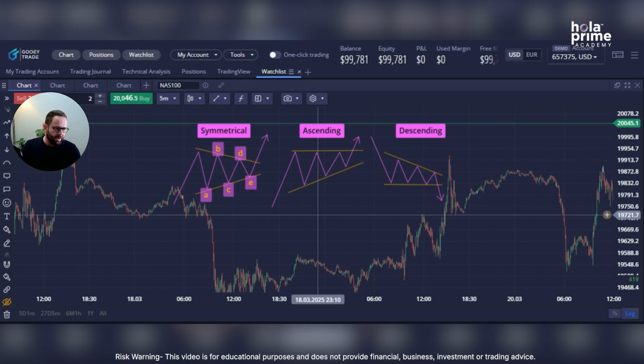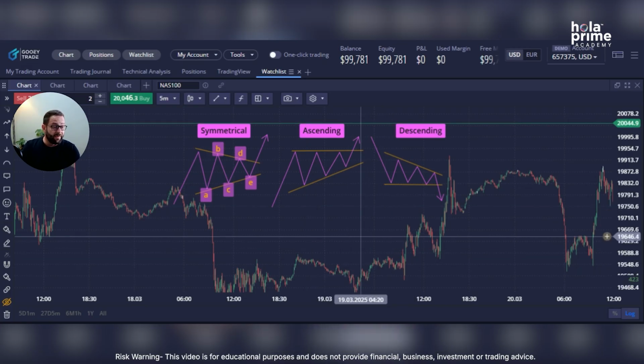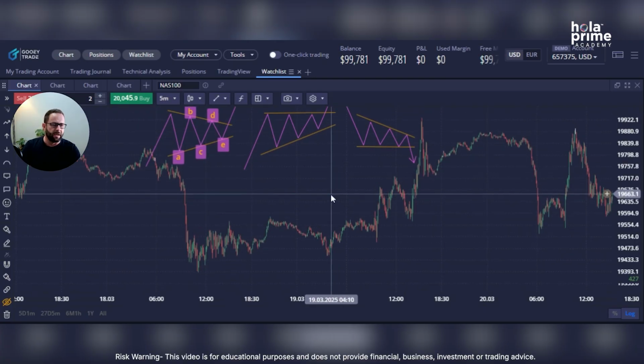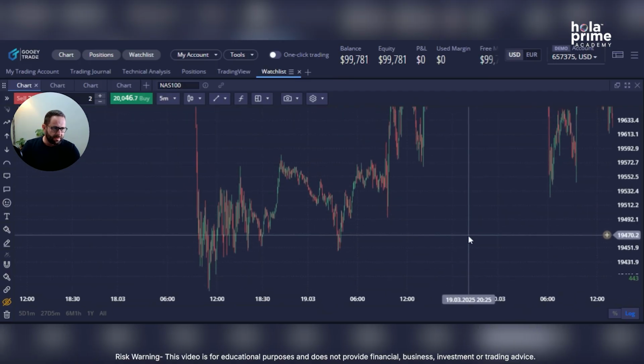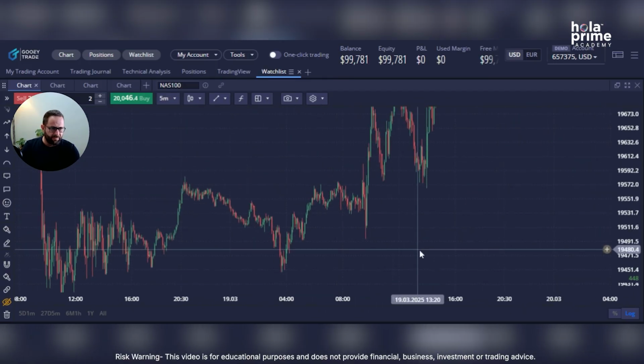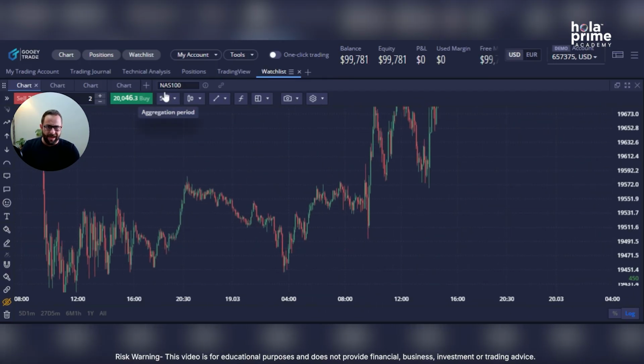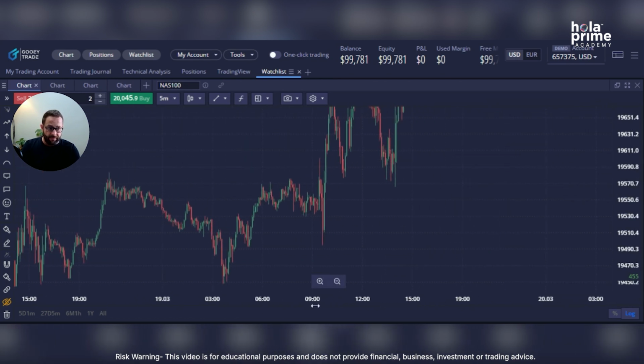This is the fourth and final one. It's also commonly known as a megaphone pattern. Let me zoom into this actual price pattern. This formed a little while ago on the NASDAQ. Again, this could appear in any market and any time frame.